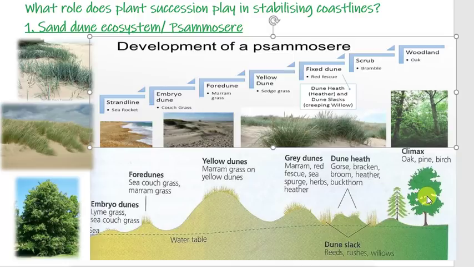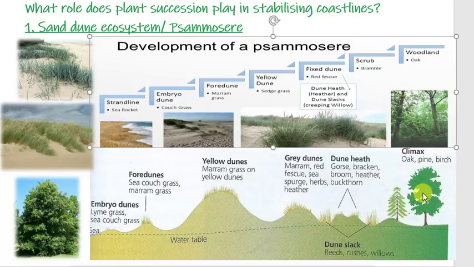And eventually the environment, the soils, the pH balance of the soils, the amount of fresh water available, the sheltered conditions from the wind and the sea, it gradually changes until oaks and pines and birch trees are quite happy living in that environment. So the definition of plant succession is the changing structure of a plant community over time as an area of what was once bare sediment or sand is colonised by plants.